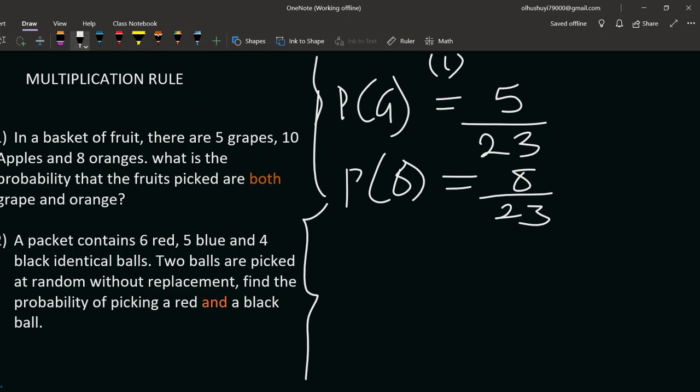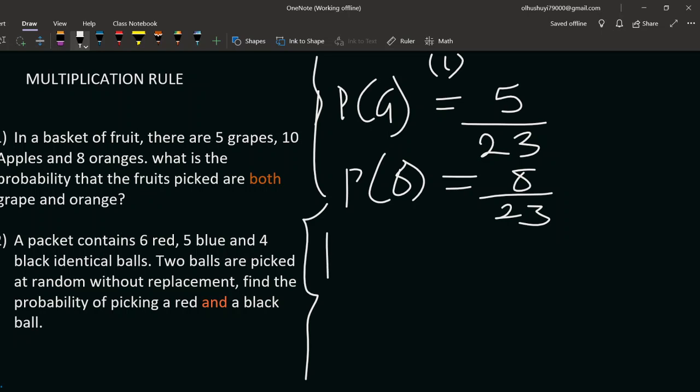Then the probability that they are both grape and orange. First, this is an independent event. The probability of picking a grape does not in any way affect the event of picking an orange.